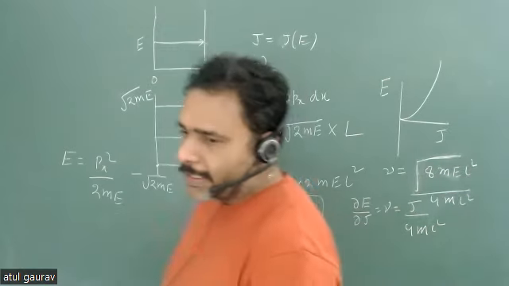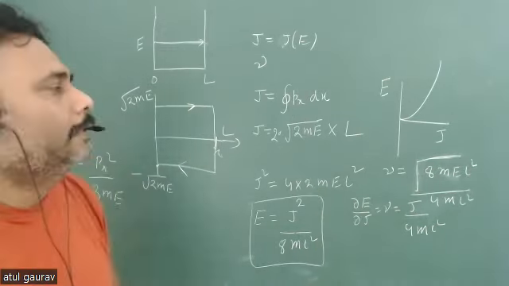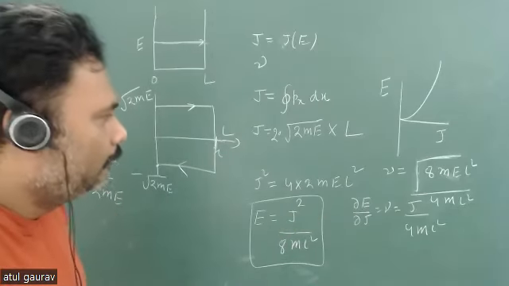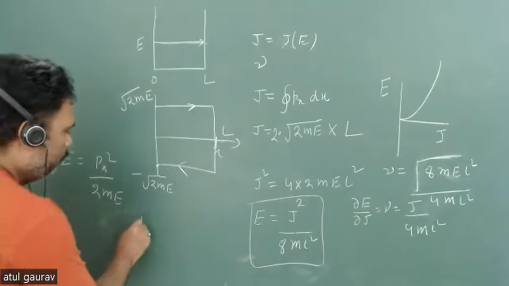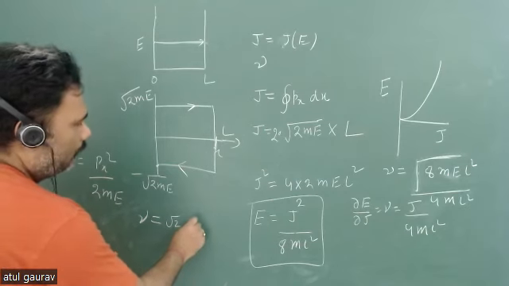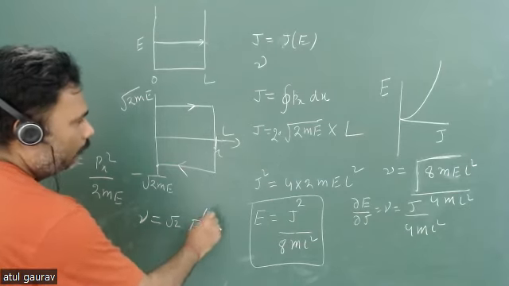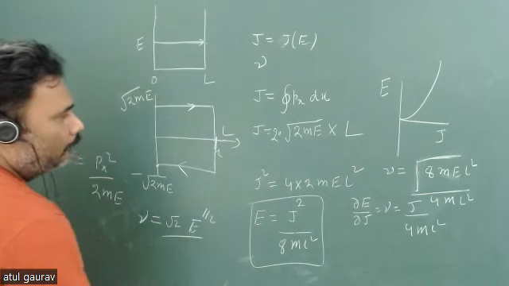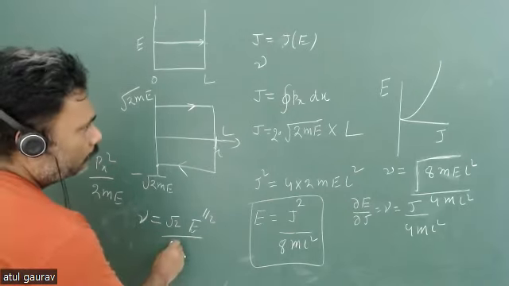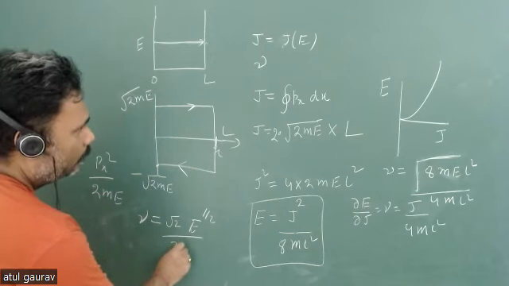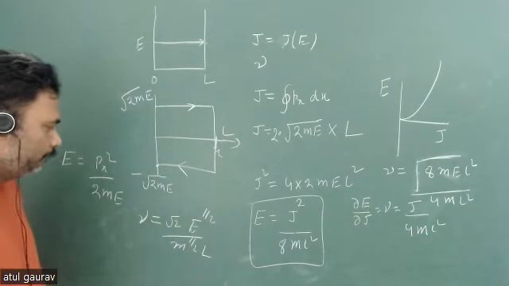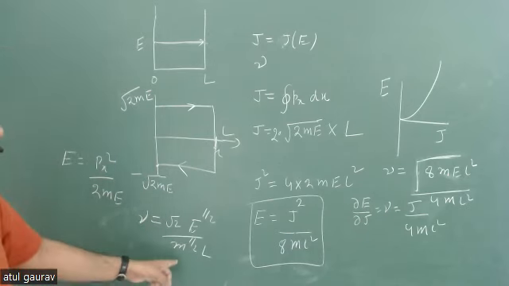So frequency is here proportional to energy to the power half, and all the other things can be treated as constant. So frequency is root 2 E to the power half upon m to the power half L.